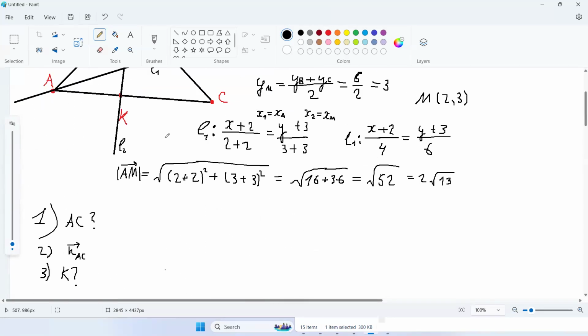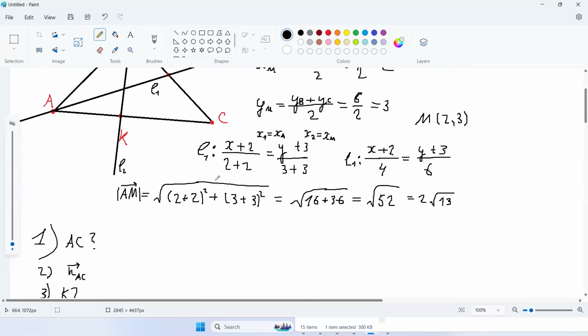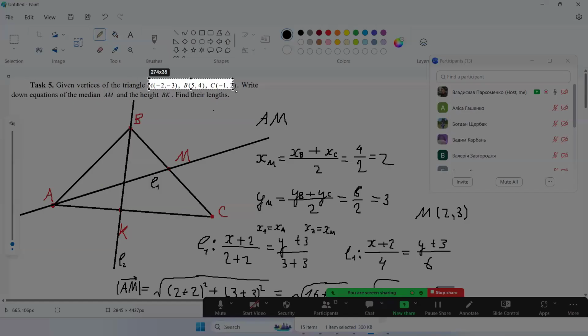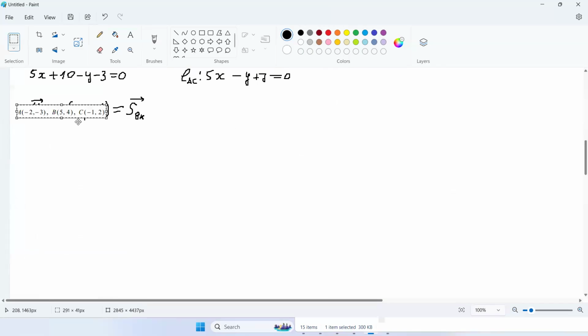So which form of the equation will we use? Just duplicating coordinates in order not to scroll up every time. So we know the direction vector, we know the point.